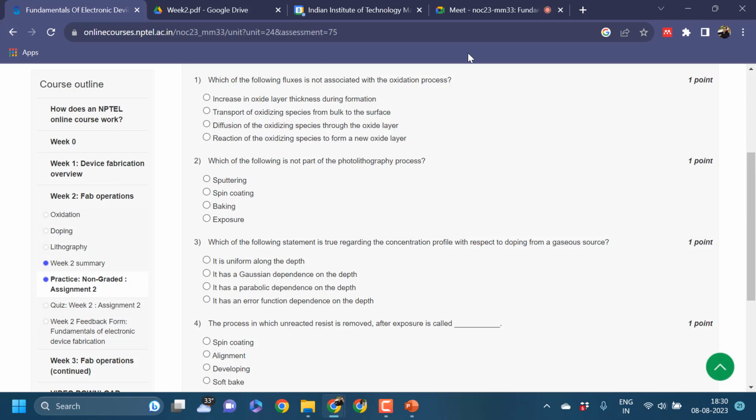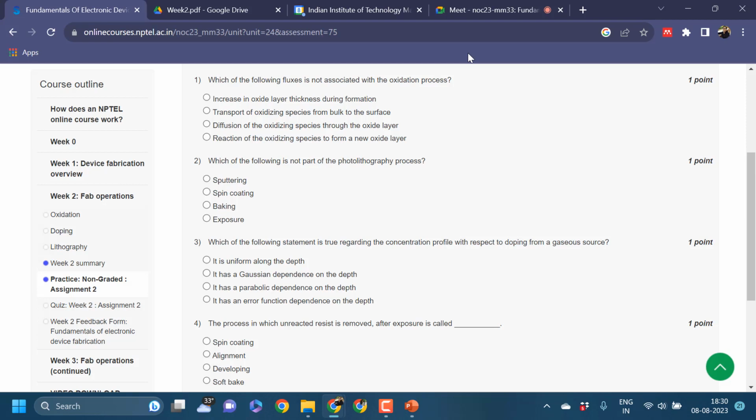Basically, in every oxidation process, oxidizing species has to be transported from the bulk to the oxide gas interface. So transport of oxidizing species from bulk to surface is correct. Then diffusion of the oxidizing species through the oxide layer is the second thing that has to happen. Third thing is reaction with silicon to produce a new oxide layer.